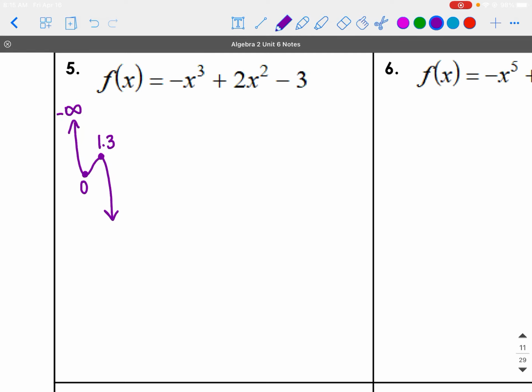The left side arrow gets a negative infinity. The right side arrow gets a positive infinity. I want you to pause the video and see if you can fill out the increasing, decreasing.